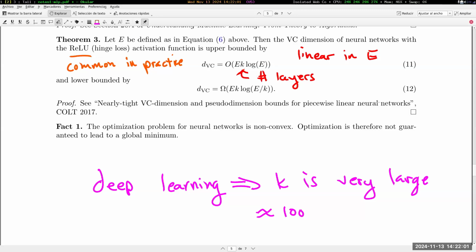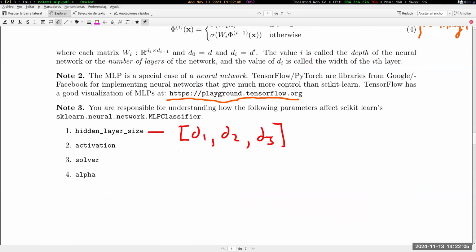K is the total number of layers in our multi-layer perceptron. And so going back to the MLP classifier in scikit-learn, the length of this list is equal to K. So in this case, K would be equal to 3.